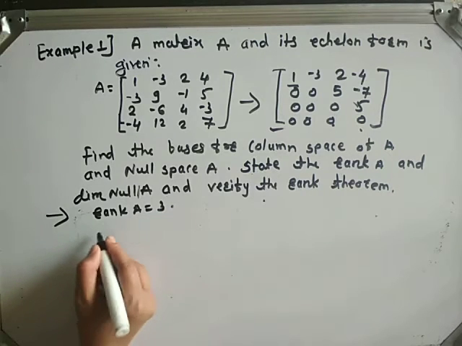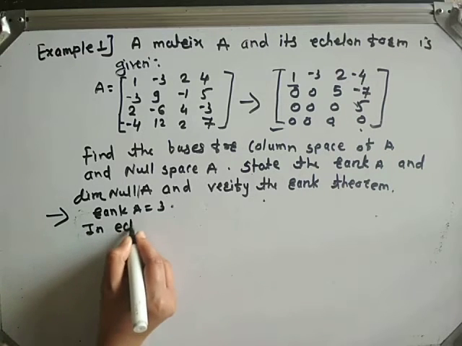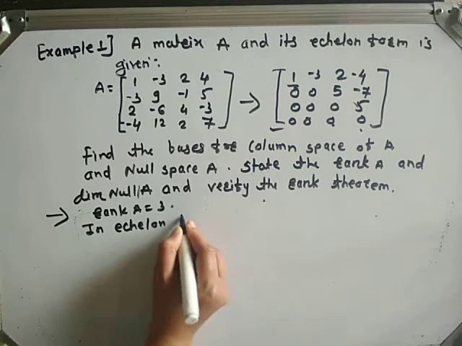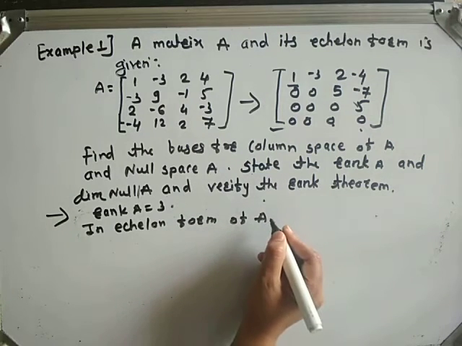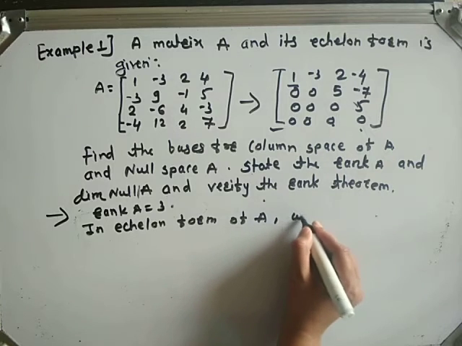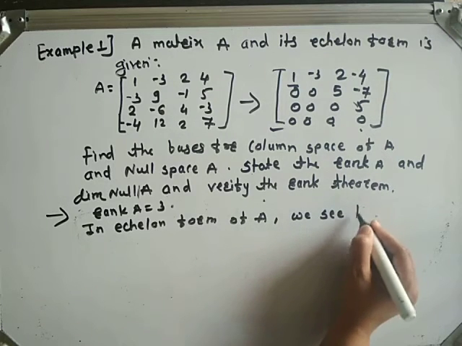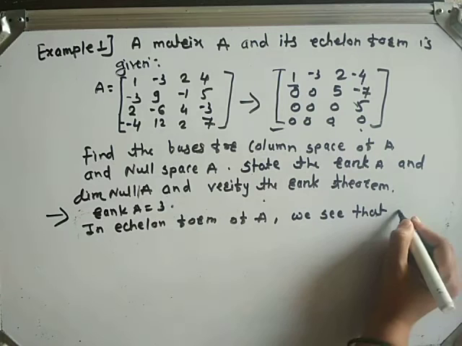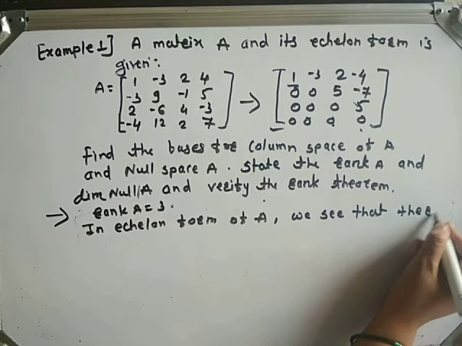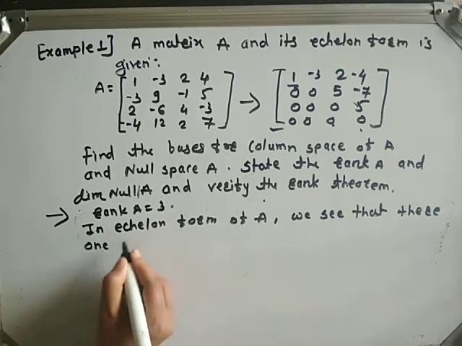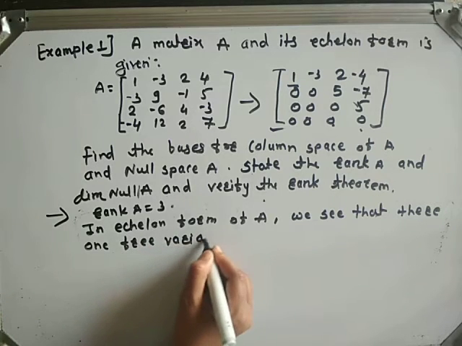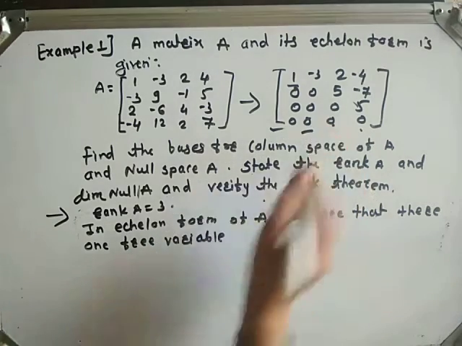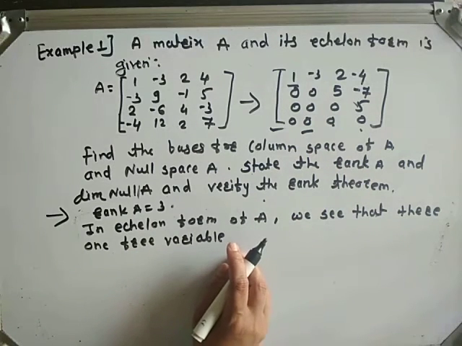Okay. In echelon form of A, we see that there is one free variable because column 2 does not have a leading one.